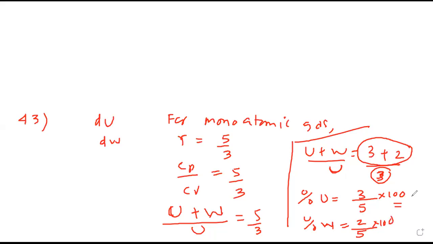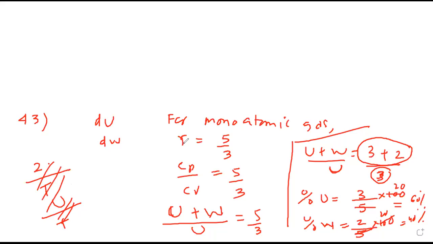So can I say this will be 5 into 20, that is 60%, and this will be 2 into 20, that is 40%. So whenever they ask what the work done is, it is always 2 out of the total. Left out is internal energy from the total. Multiply by 100 will give you the percentage, but that is possible only if you know gamma for that gas.